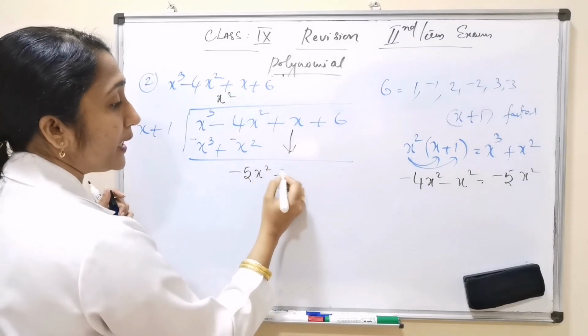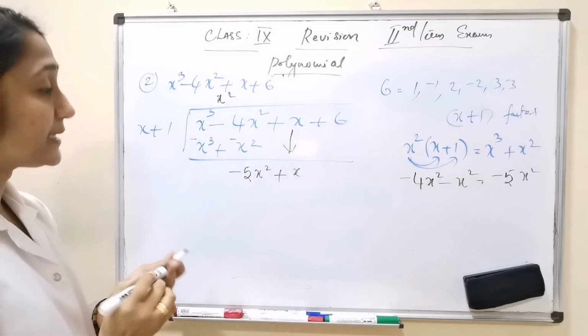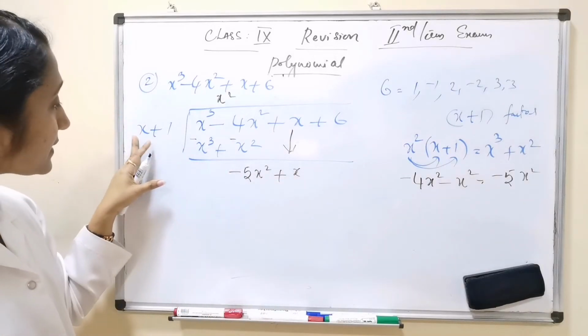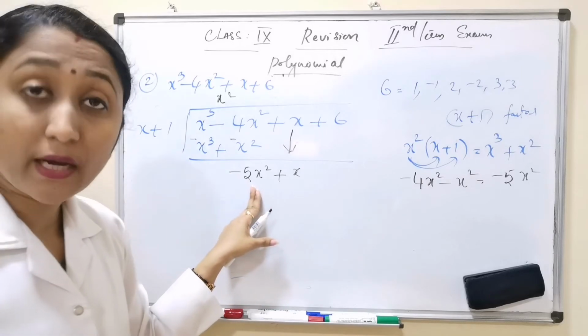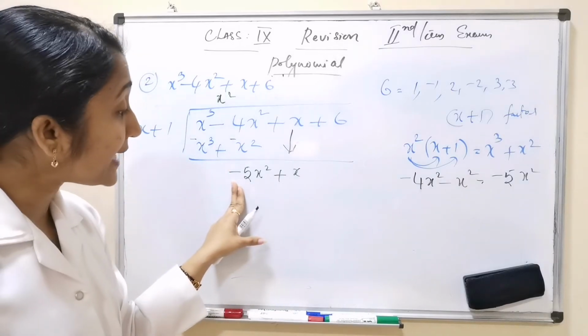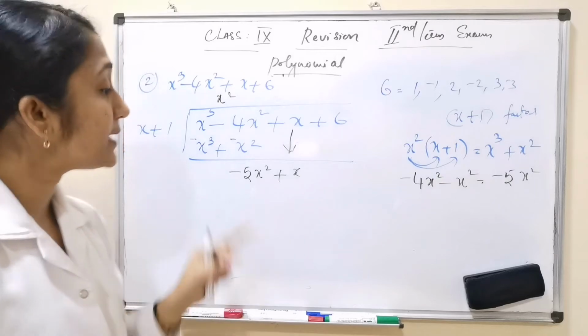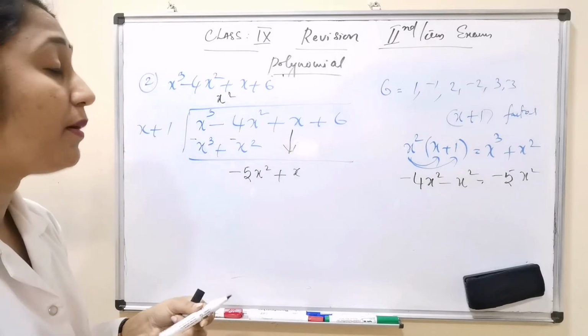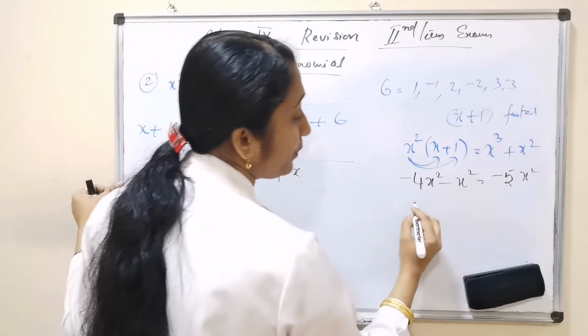Next step plus x. Next you have to equalize the first terms. So this is x, this is minus 5x square. So here minus, and the coefficient is minus 5. So we have to multiply with minus 5x.